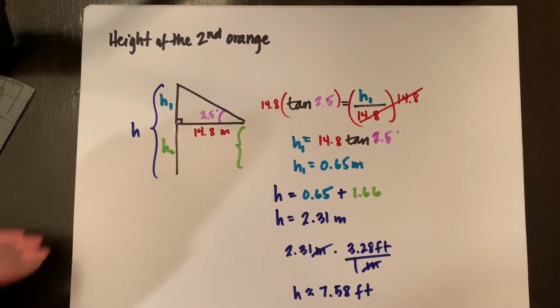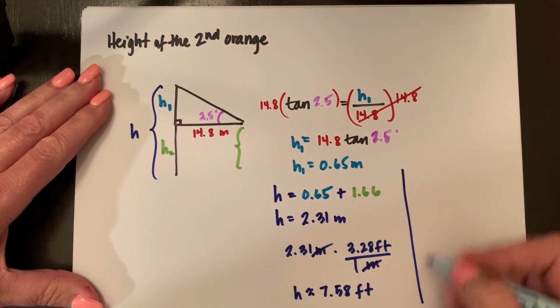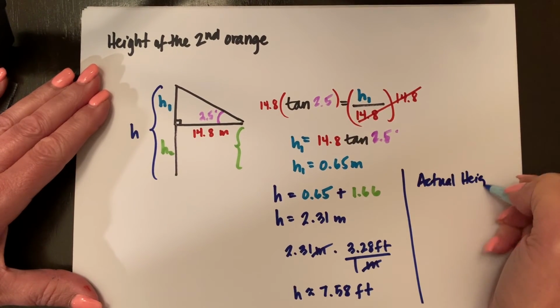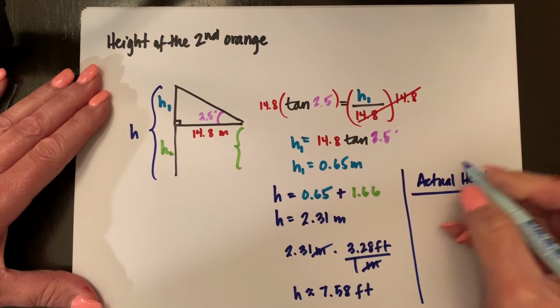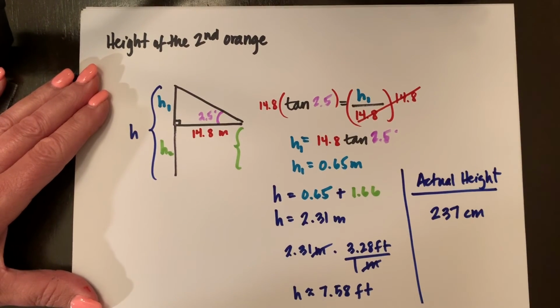But if you recall, we chose an orange that we could actually measure the height of. So the actual height of that orange was 237 centimeters from the ground.